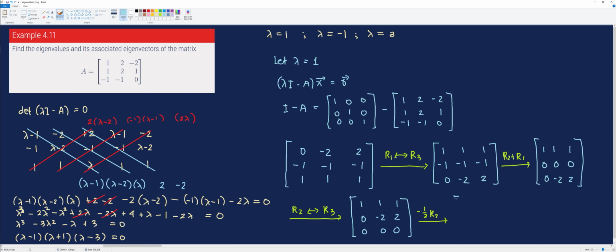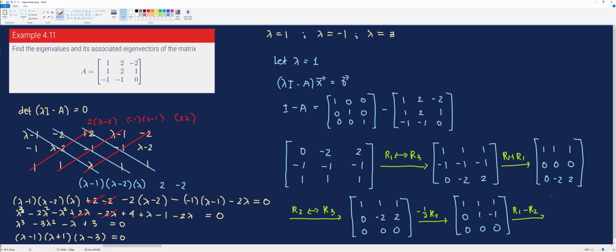So our new matrix will be 1, 1, 1, then 0, 1, negative 1, and 0, 0, 0. It seems that our matrix is not yet in its reduced echelon form. We need to make this 0. To do that, I'll perform the operation R1 minus R2.